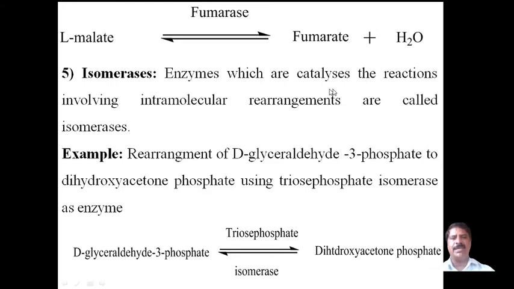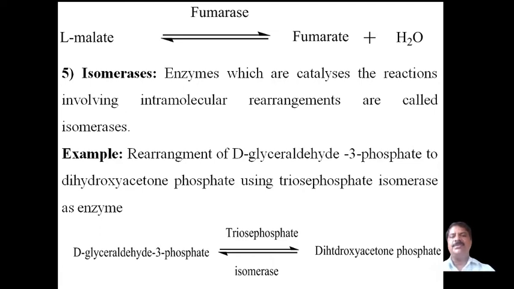Therefore, enzymes which catalyze the reaction involving intramolecular rearrangement are called isomerases. Or we can also say that enzymes which catalyze the reaction involving the interconversion of one isomer into another isomer are called isomerases.